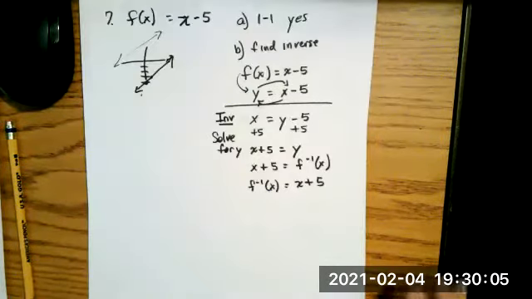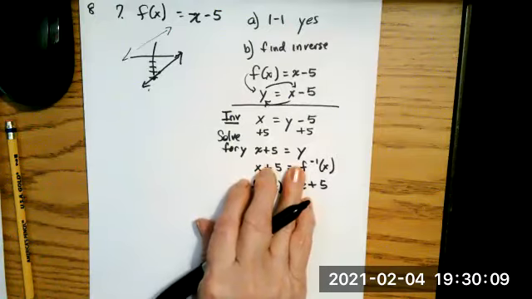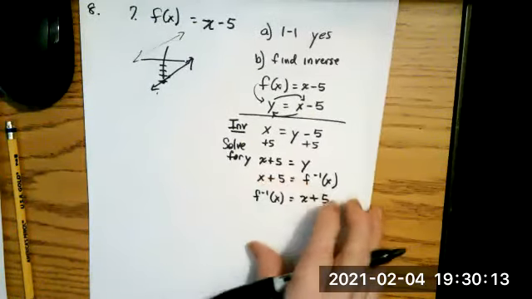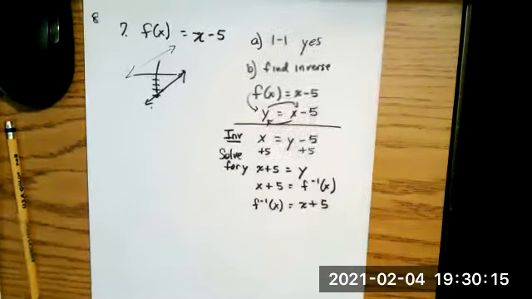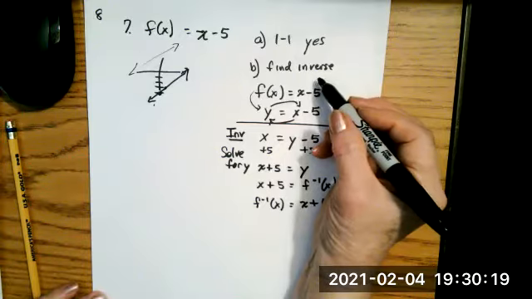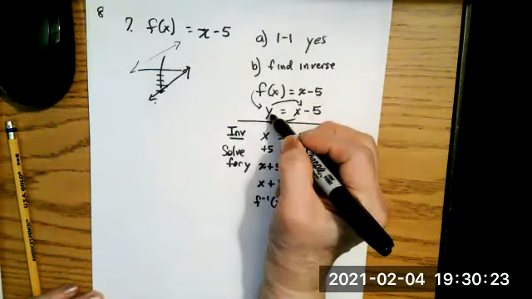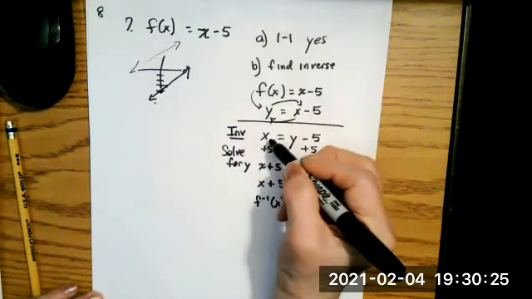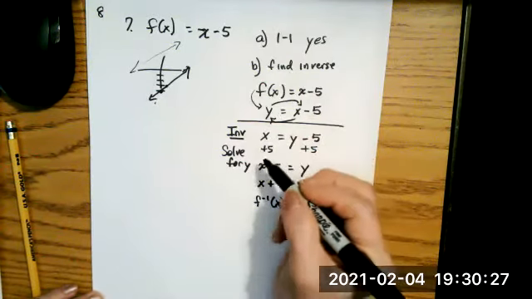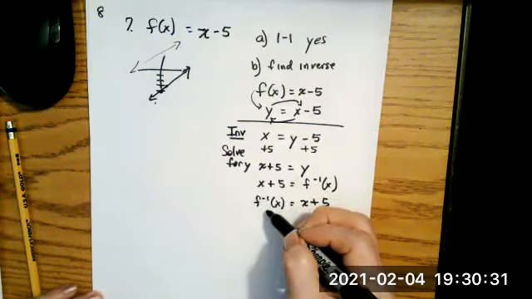But once they start these problems, this number 6, I think it is, no, 7. 7's the one that starts. You have to determine if it's 1-to-1, then you have to find the inverse. So that goes through all those steps: changing your f of x to y, swapping your x and y, solving for y, changing to f inverse. Okay?